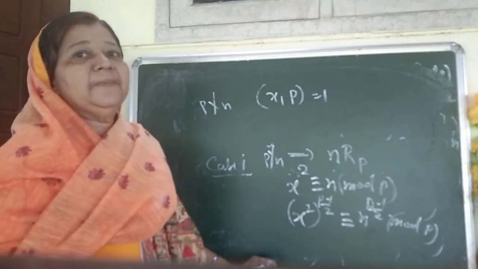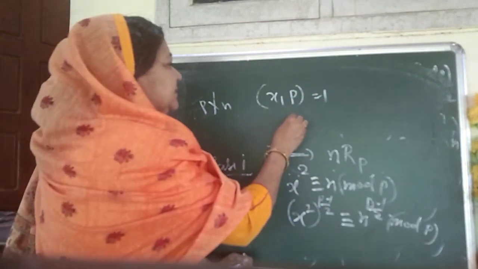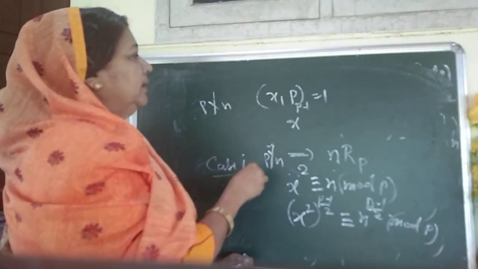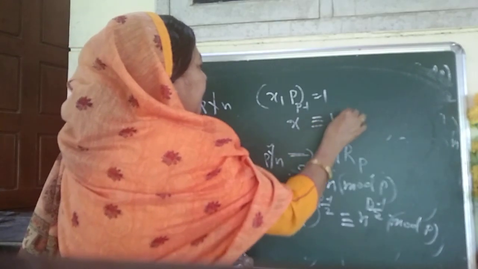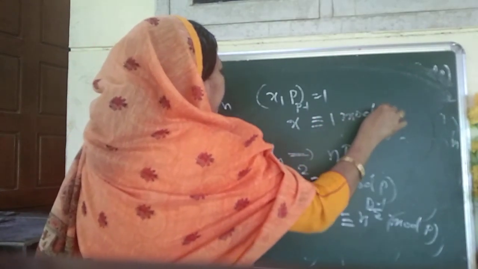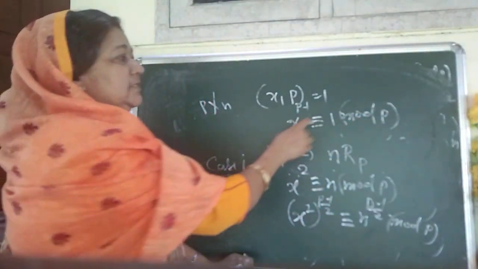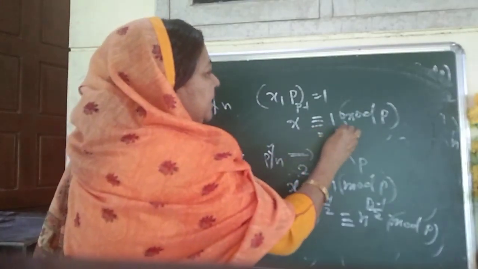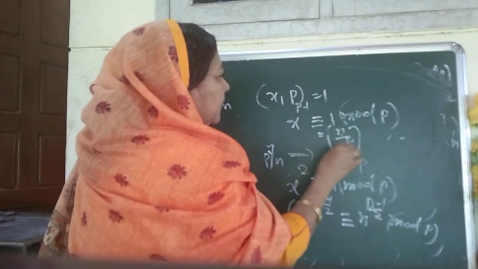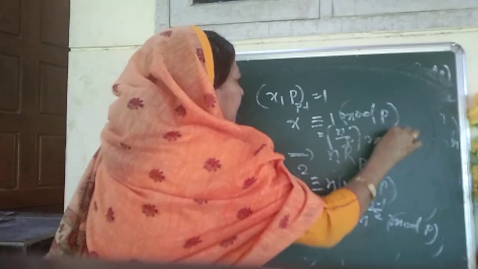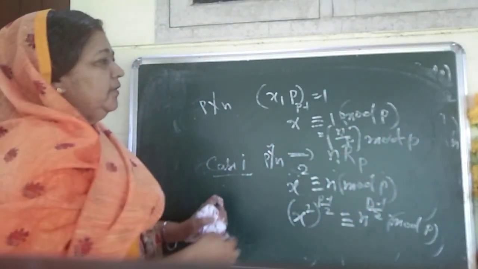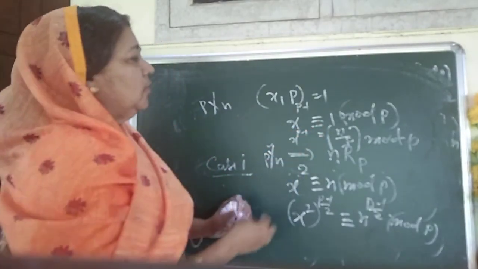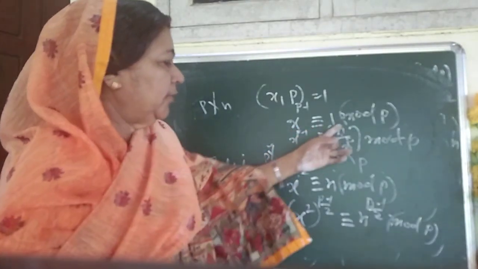Then we apply Fermat's theorem. What does Fermat's theorem state? Fermat's theorem states that x raised to p minus 1 is congruent to 1 mod p. But what is 1? Since n is a quadratic residue mod p means n by p equals 1, therefore we get x raised to p minus 1 is congruent to n by p mod p.